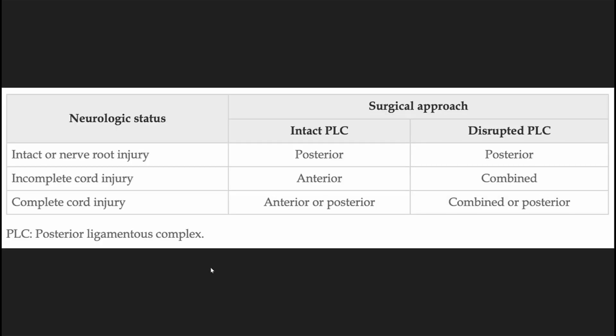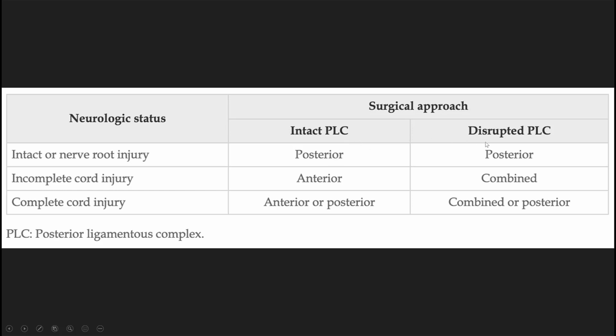So here's a good chart I found in the World Journal of Radiology. This hones in on whether the posterior ligamentous complex is intact or disrupted, and the surgical approach you can use when patients fit that criteria. If they have a nerve root injury with an intact posterior ligamentous complex, you want to go posterior.